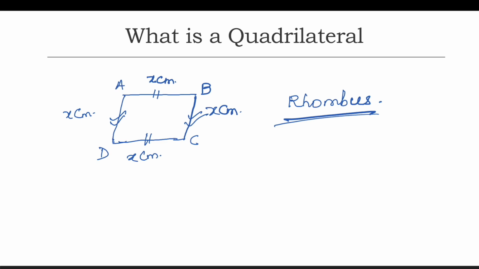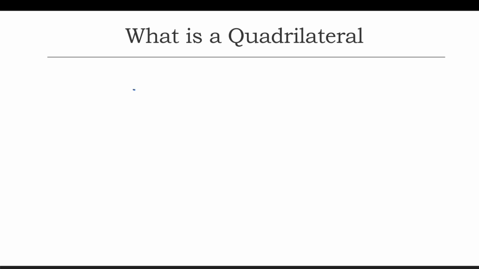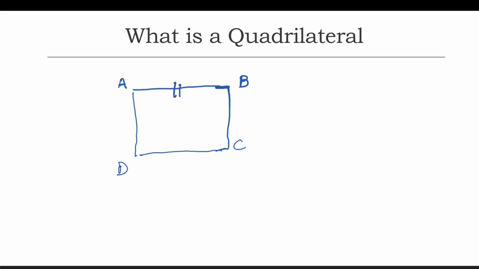So from parallelogram, we saw two things, rectangle and rhombus. There could be another one. In that one, all four sides are equal. So it's a rhombus, which basically means opposite sides are parallel to each other. All four sides are equal.